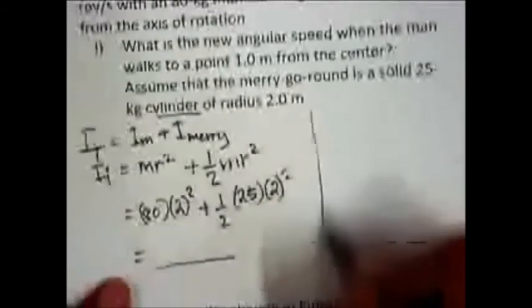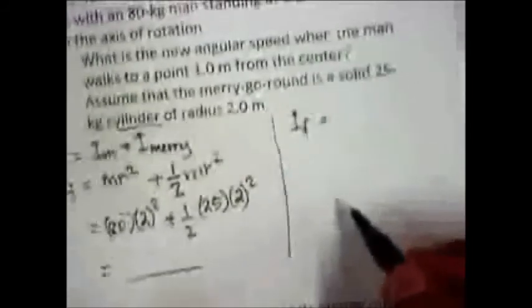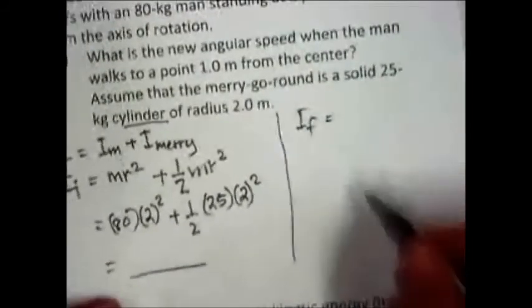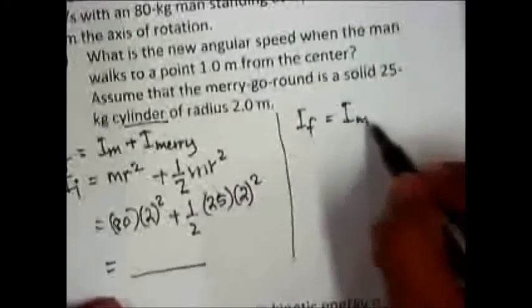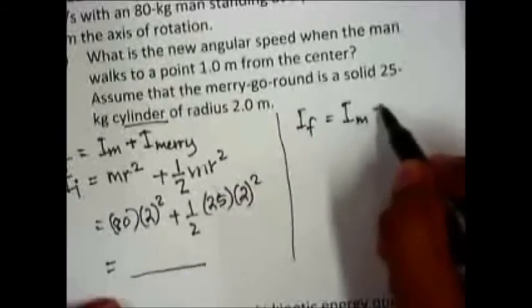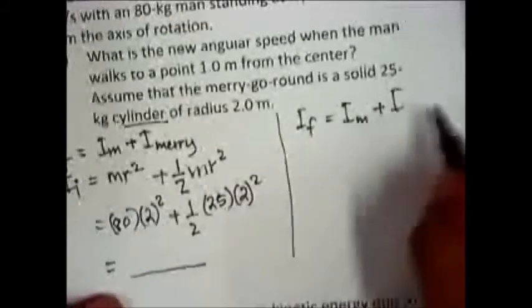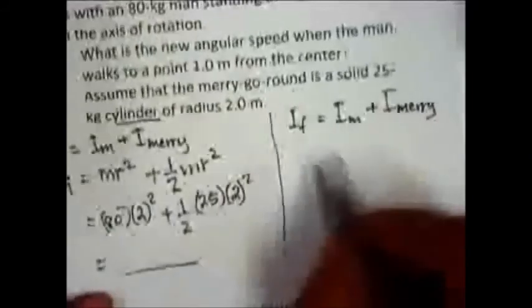Then you find the final moment of inertia. The final moment of inertia will change as well, because the moment of inertia of the man will change since he has walked 1 meter inside. Again it will be the sum of individual moments of inertia for the man plus the merry-go-round.